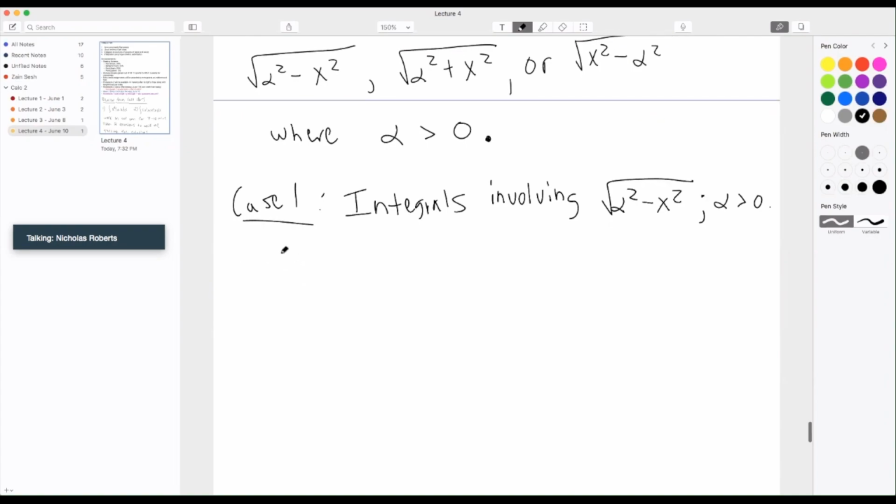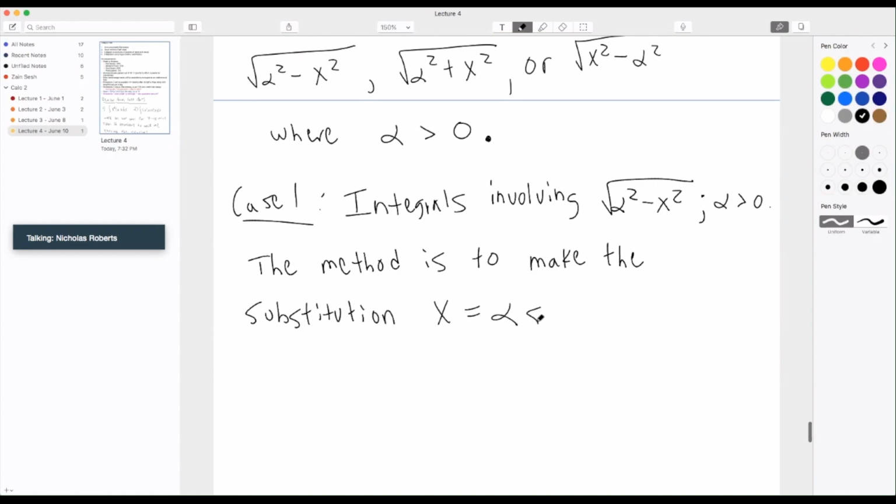Okay, so what is the method? Here's the general idea. The method is to make the substitution x equals alpha times sine theta. It's like u sub, but now we're doing trig sub. We're going to let x be alpha sine theta. This is just a general idea, not a strategy.